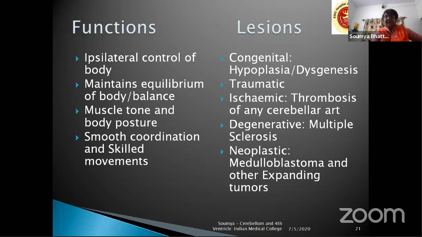Degenerative can be due to multiple sclerosis, or neoplastic can be due to medulloblastoma in children or other expanding tumors. Now, expanding tumors of which region? It can be either the brainstem tumors or tumors in the posterior cranial fossa or middle cranial fossa extending to posterior cranial fossa.